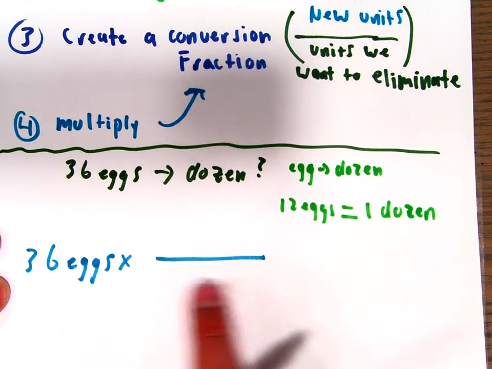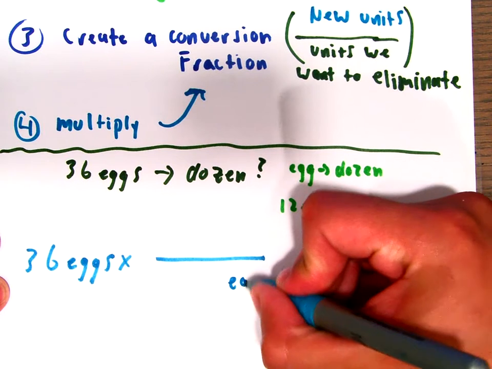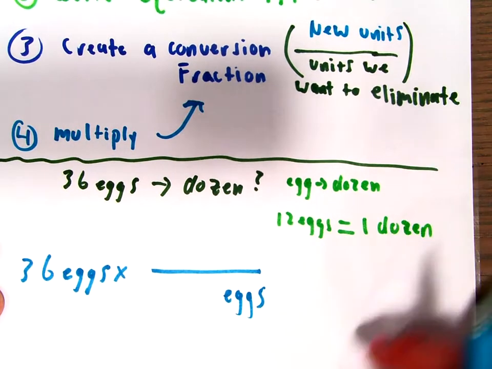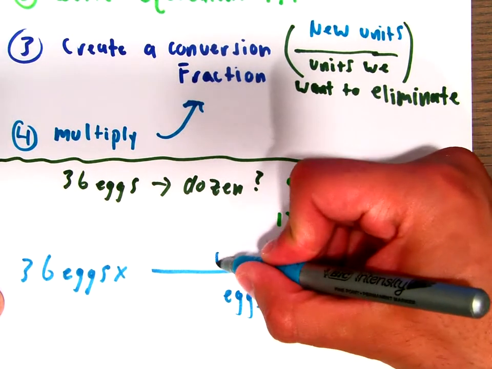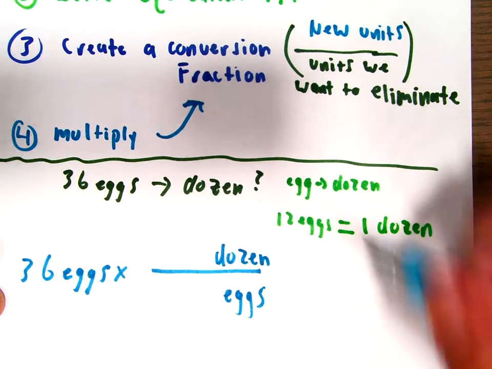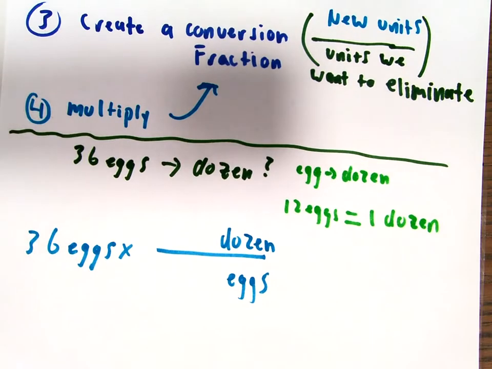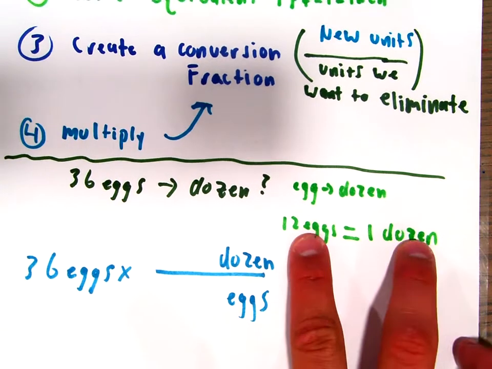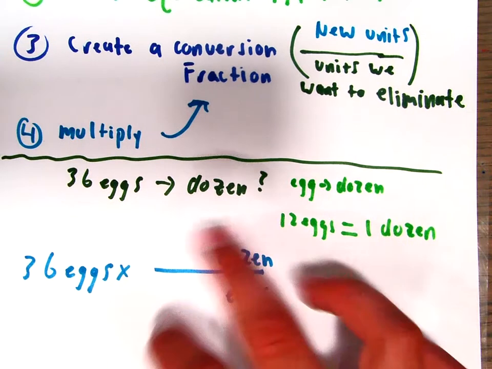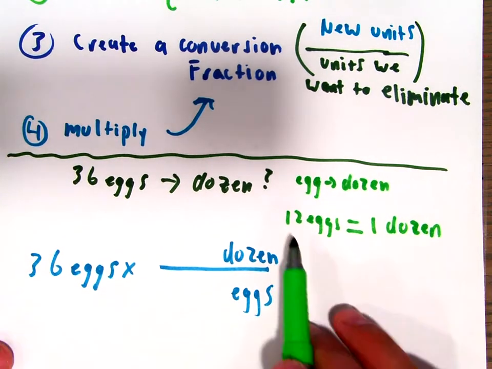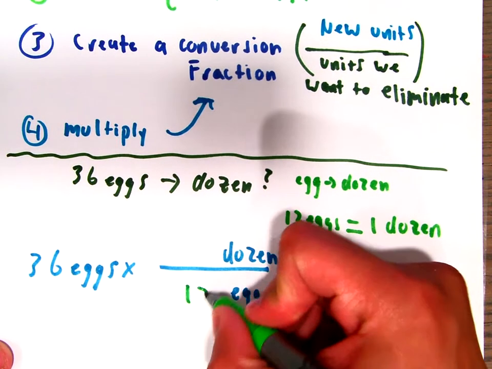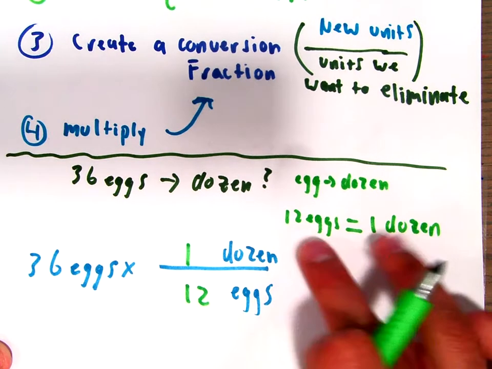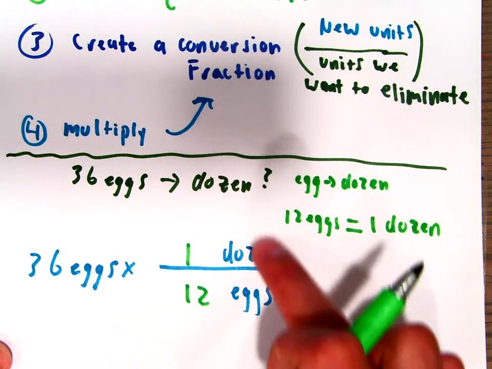So eggs go in the bottom, because that's what I want to eliminate. My new units go on top, and my new units are dozen. Now what numbers do I put? All you do is take your equivalent and plug it in. This tells me that 12 eggs equal 1 dozen. So all I'm doing is taking these numbers and plugging them in next to the correct unit.